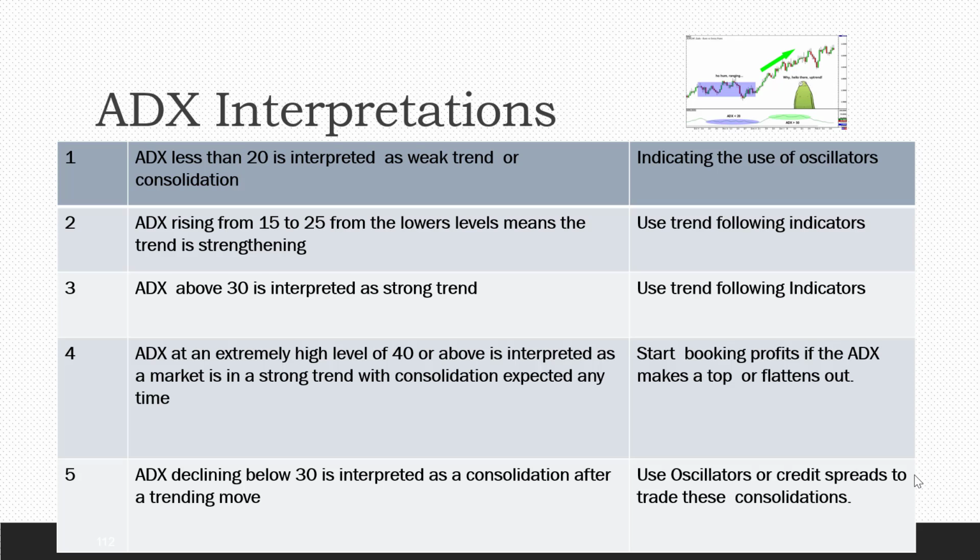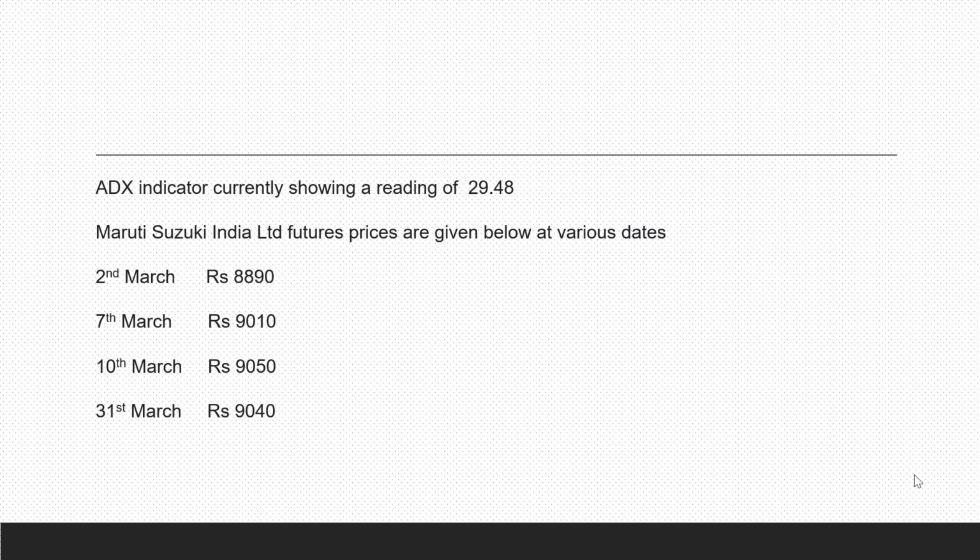Based on the ADX interpretation and the chart patterns, you're going to take a position. Since ADX was not very clearly visible on the chart, I have given separately in the question that ADX is currently trading at 29.48. Suppose you are unable to read this figure from the chart, then it is given separately here.